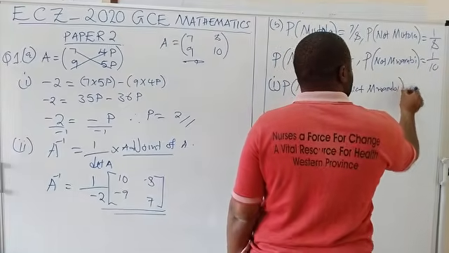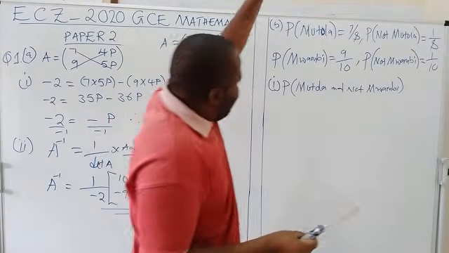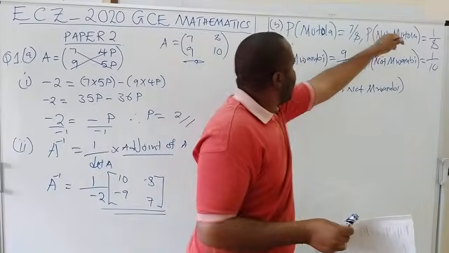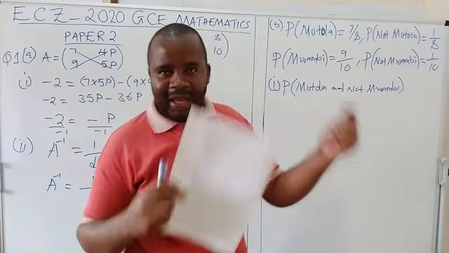Alright? So we want just one of them. You can select Mutola and not selecting Mwambi, or the other way around.